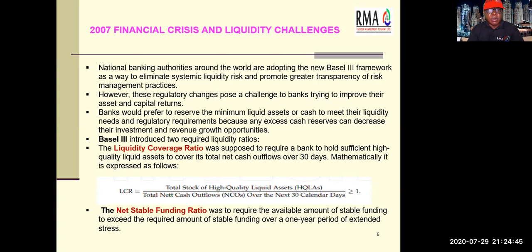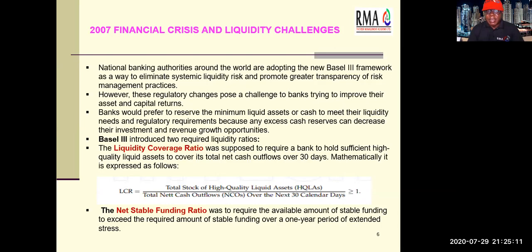And then the second component of the liquidity ratio is the net stable funding ratio, which is the ratio of the available amount of stable funding. Take note, available amount of stable funding as a proportion of required amount of stable funding.